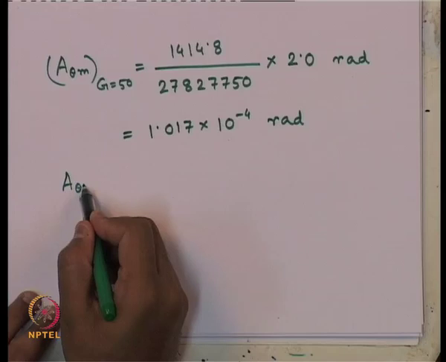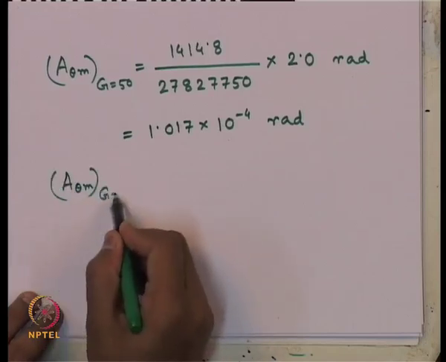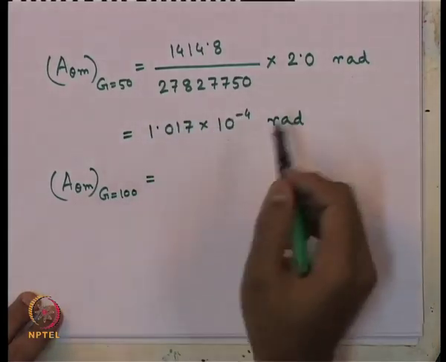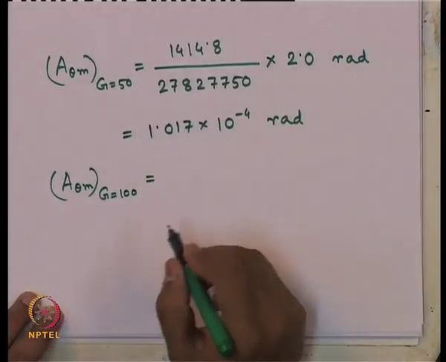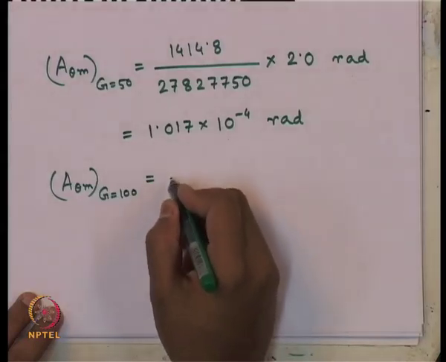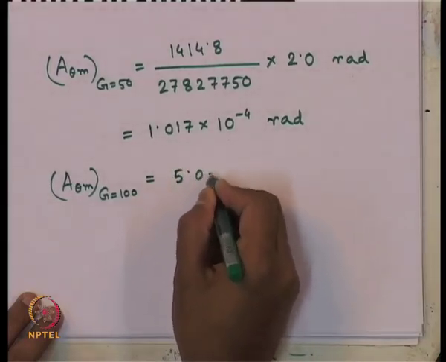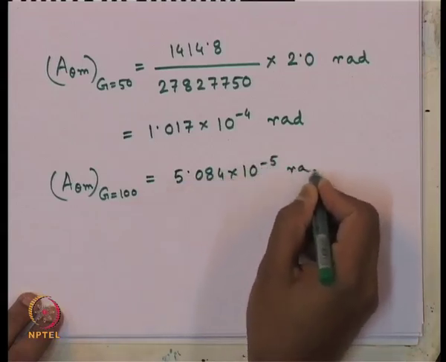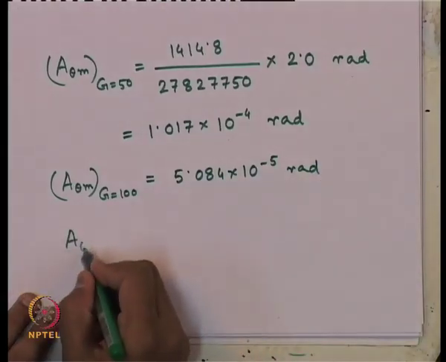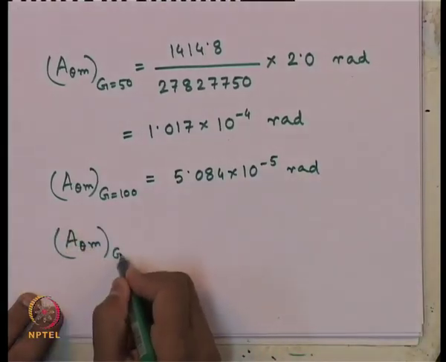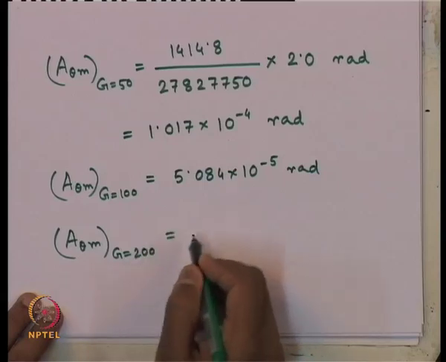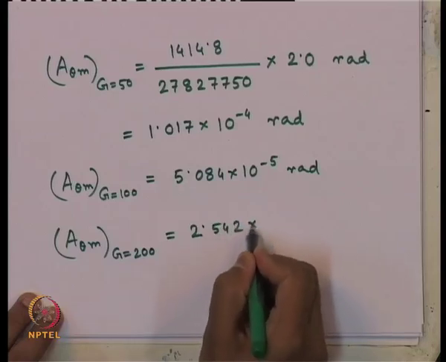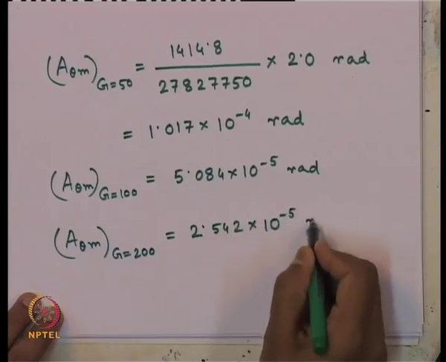And A theta m with g equals 100, the corresponding g value has to be placed, m theta m we took the same for all the cases, so it will be 5.084 into 10 to the power minus 5 radian, and A theta m with g equals 200 comes out to be 2.542 into 10 to the power minus 5 radian.